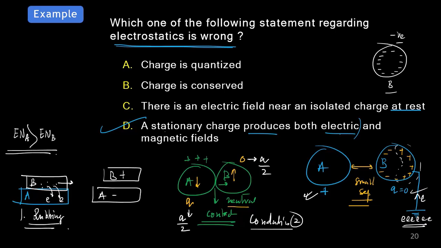So with the basic understanding of charge, the property of charge, and how charge can come, now we go to the second part of the topic. In conduction, both bodies will have the same nature of charge. If A has a negative charge, then B also has a negative charge. If A is initially positive, B is also positive.